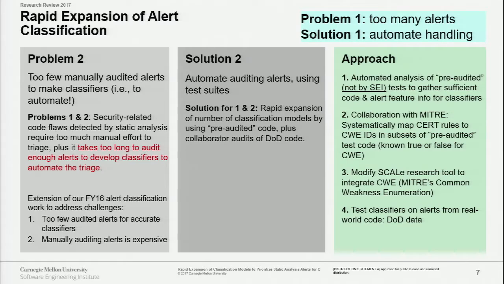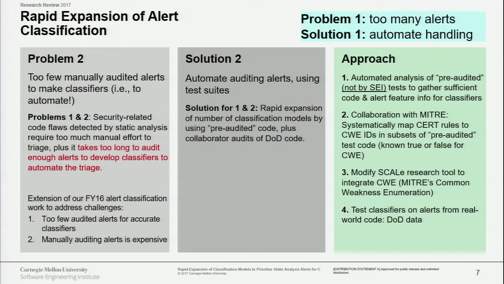There are test suites where the programs are known to have a particular flaw or known to not have a particular flaw. So we use that information to create automatically audited, automatically labeled static analysis alert archives.